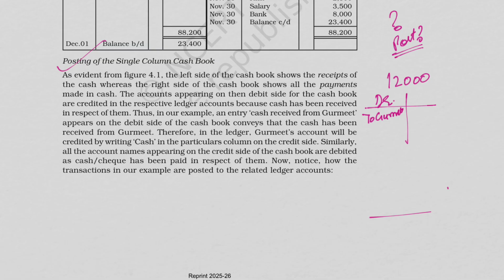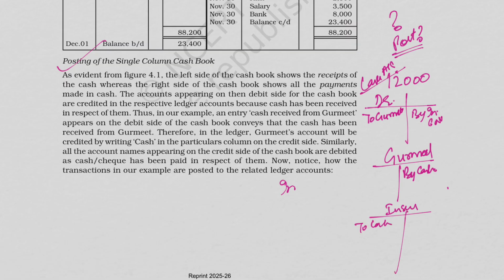So we credit him by cash. This is the cash account. Similarly, insurance paid we had written in the cash book. We had written by insurance 6,000, and in the insurance account we had written to cash.